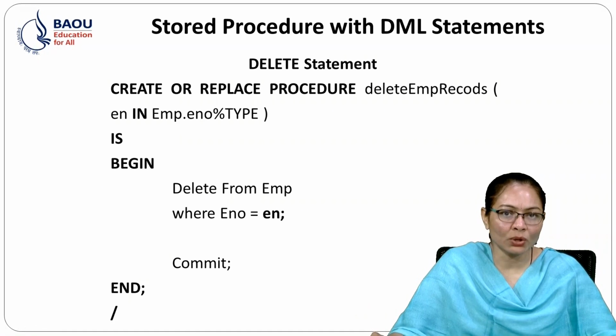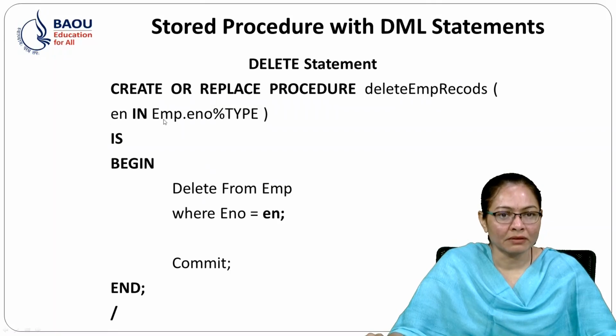Here only a single variable is used. We will pass only one variable, employee number. Employee number is passed with the column name or column values, and the matching records will be deleted.